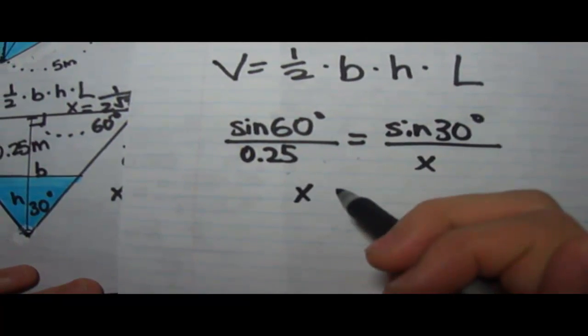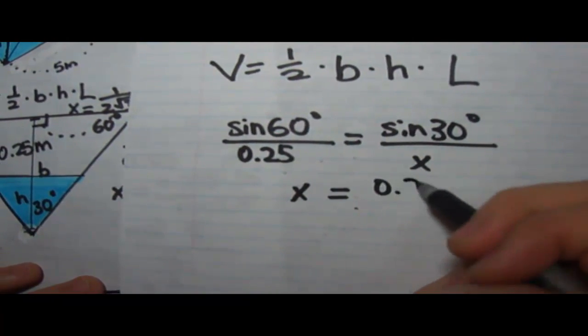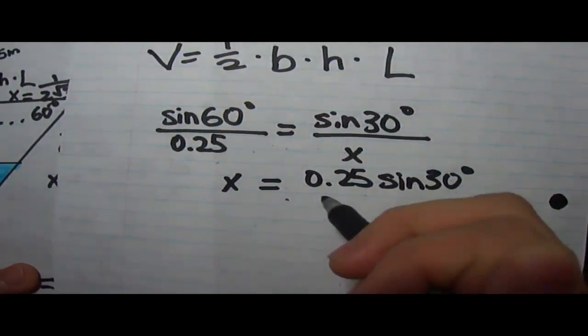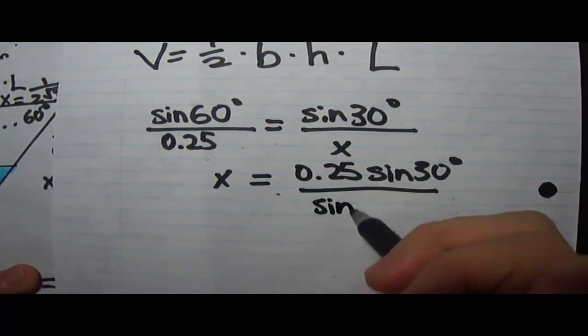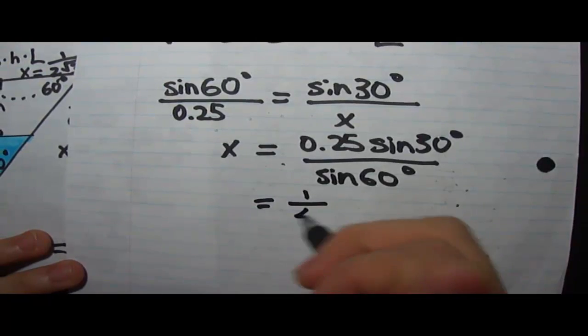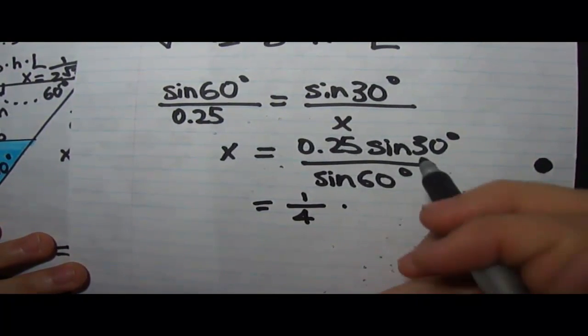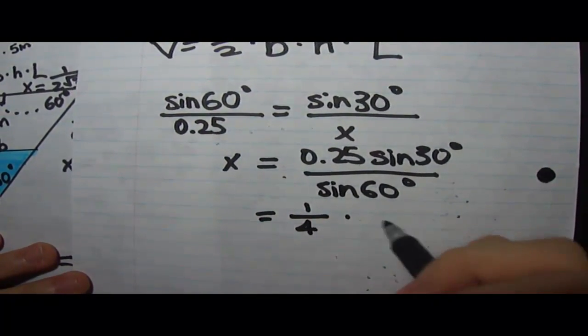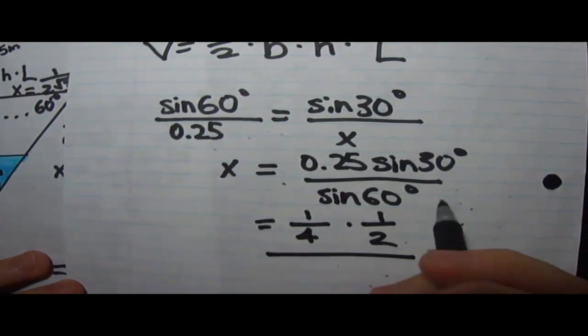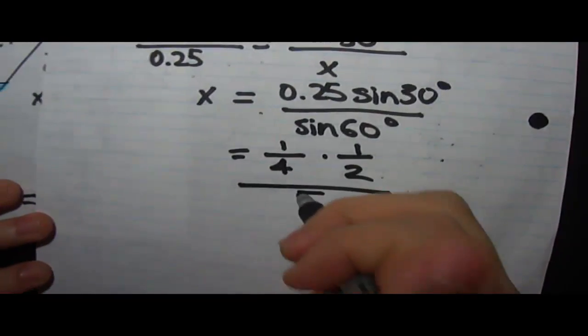And if we just cross multiply, that becomes 0.25 sine 30 degrees over sine 60 degrees. And 0.25 is 1/4. And from special triangles, we know that sine 30 equals 1/2 and sine 60 equals √3/2.